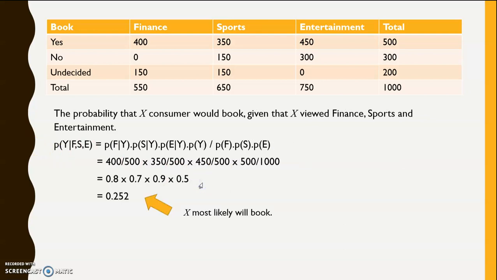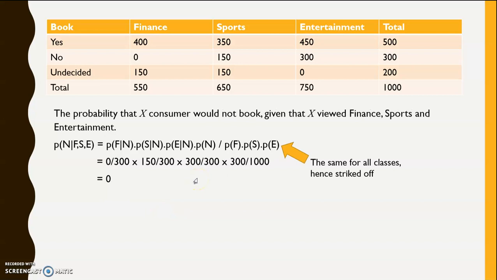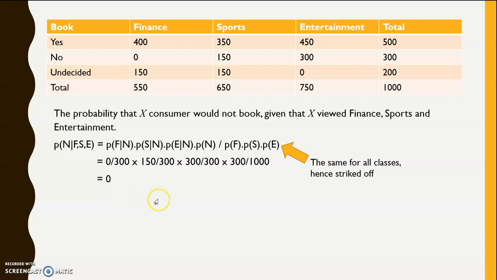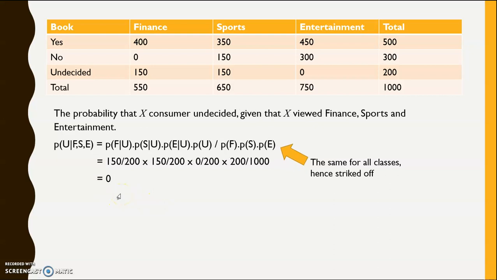Once we've got that, we can compare the probabilities. Having a higher probability shows more evidence and more strength. Therefore, we are going to take the highest probability, which is 0.252, because the rest are just 0.